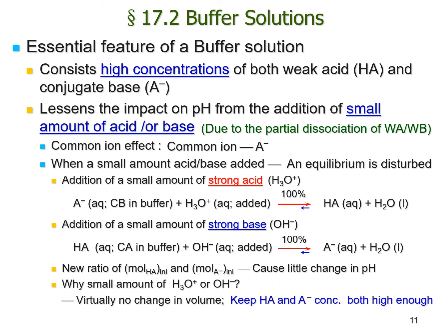In order for the 500 rule to apply, we must keep this pair of conjugates in high concentration. That is the reason why we cannot add too much hydronium or hydroxide, because if we add too much, we cannot keep the high concentration of either component of this pair.